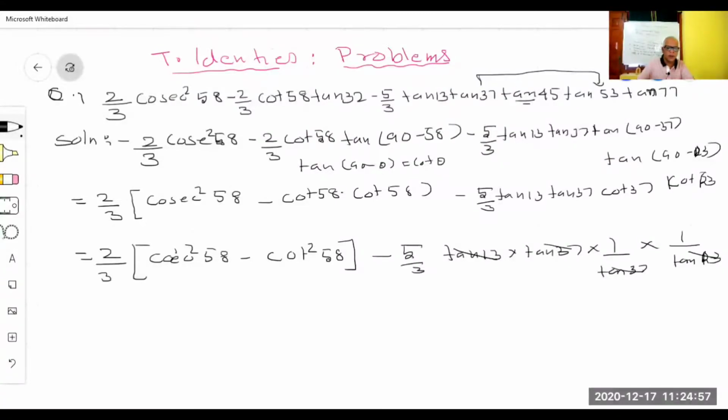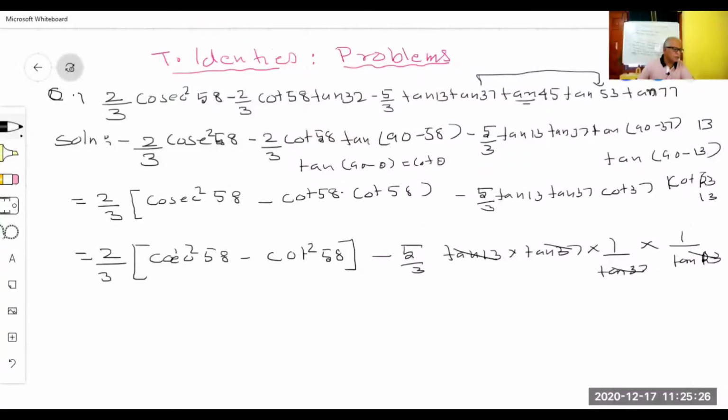This is cot 90 minus 13. This is 13, note it down. This also 13. I'll just correct it, okay? Minus 13. That's a mistake, in fact.